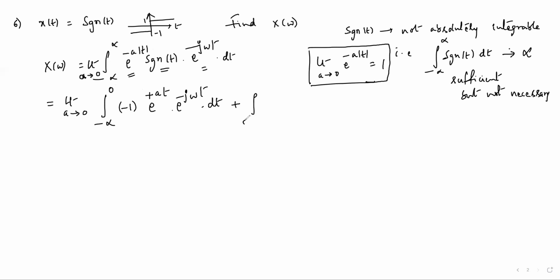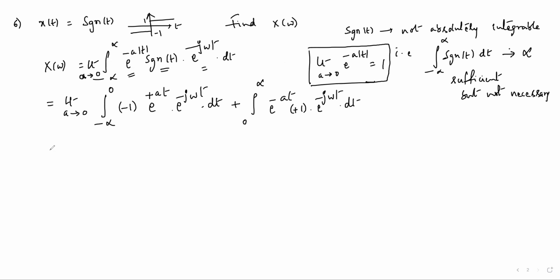Second term, 0 to infinity. So right hand side, e to the power of minus a mod t is positive, so it will be as it is, e to the power of minus a t, and signum function is plus 1 on the right hand side, and e to the power of minus j omega t is there.